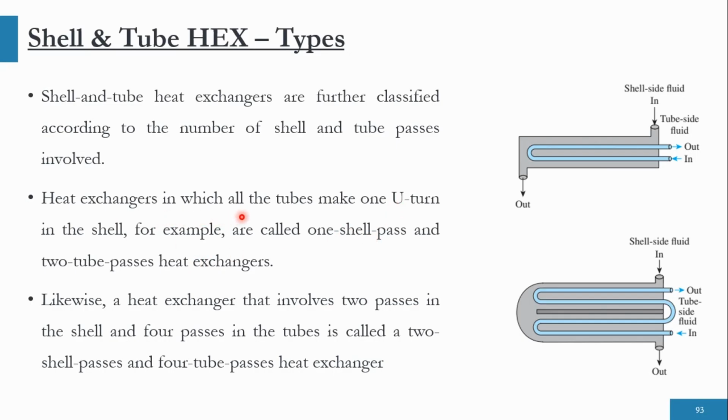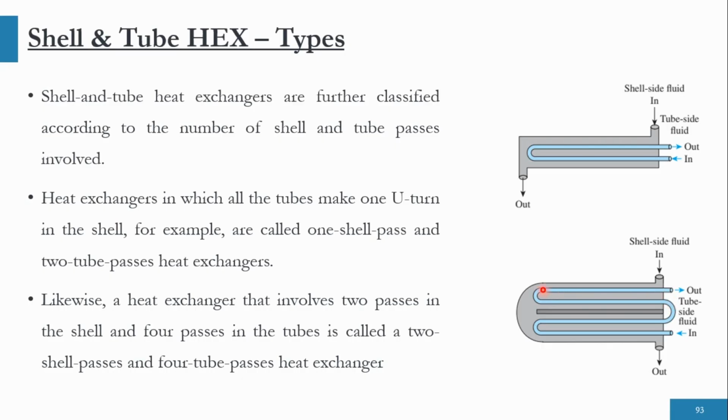That is, the heat exchanger in which all the tubes make one U-turn in the shell is called one shell pass and two tube passes. However, now look at this diagram. This is the shell fluid, this is the first pass, then this is the second pass and then it goes out. So this is a two pass shell, and for the tube, first pass, second, then third and then fourth.